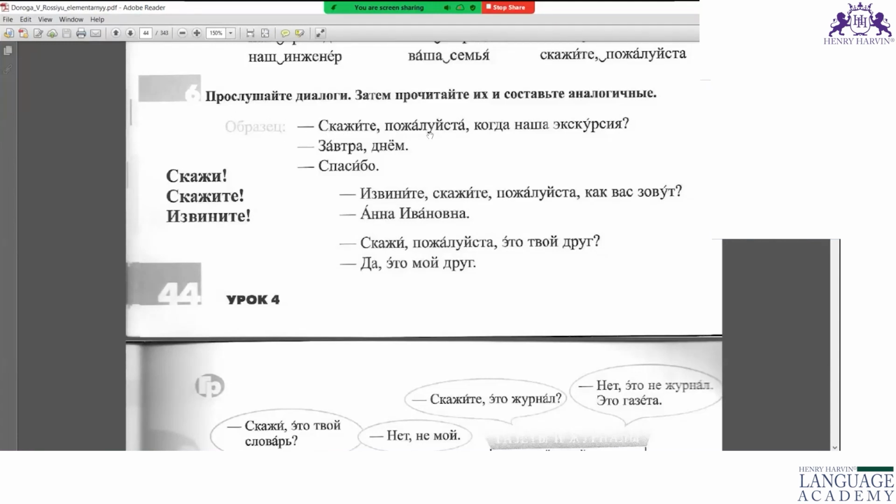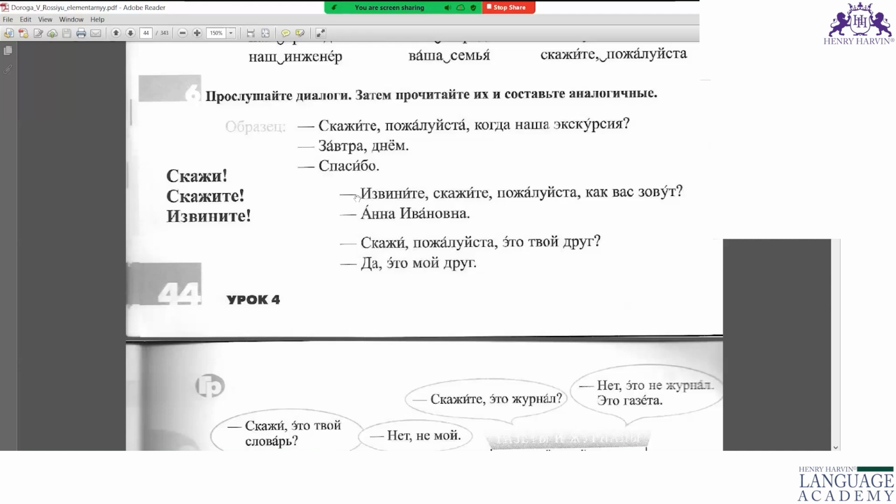Скажите, пожалуйста, когда наша экскурсия? Padmapri, please read all of it. Скажите, пожалуйста, когда наша экскурсия? Завтра днем. Спасибо. So, please tell me when is our tour? Tomorrow in the afternoon. Thanks. Скажите, пожалуйста. Tell me, please.